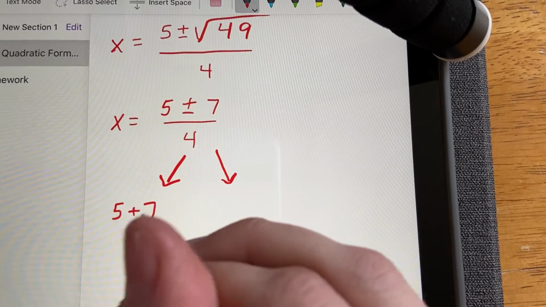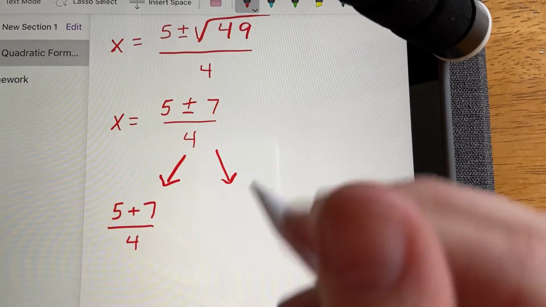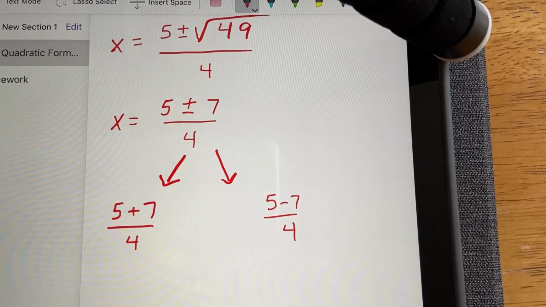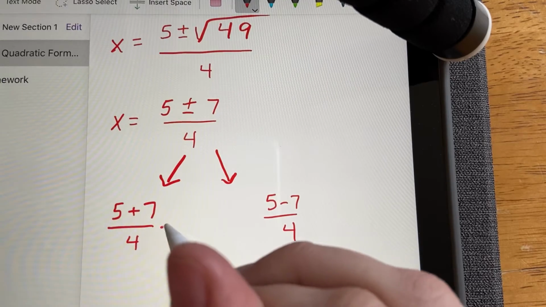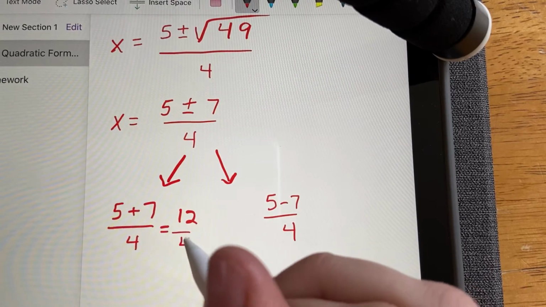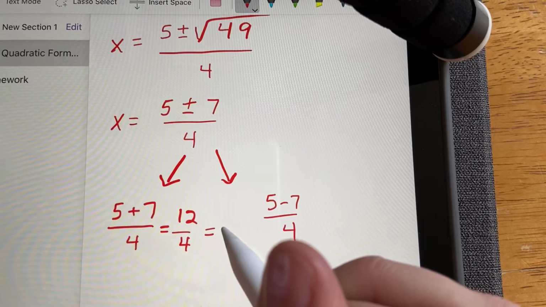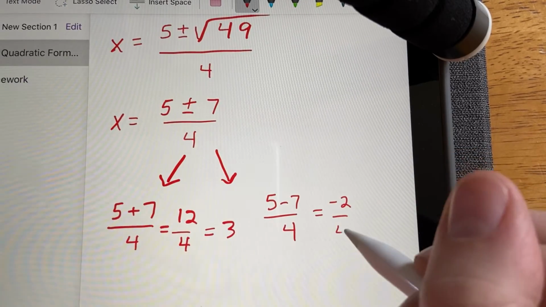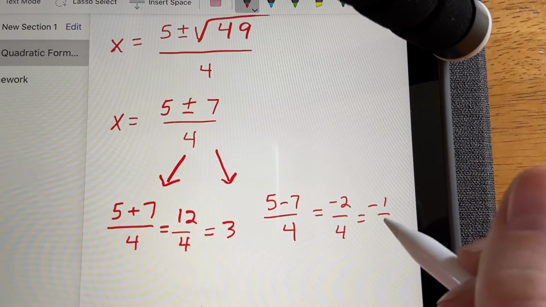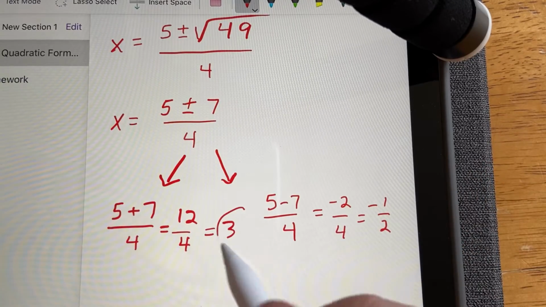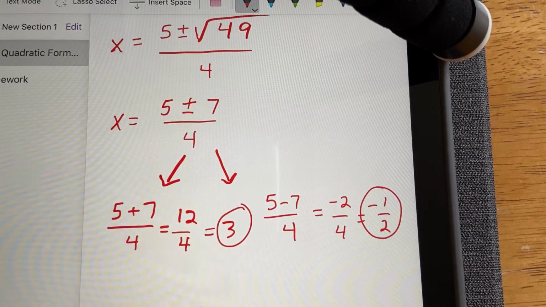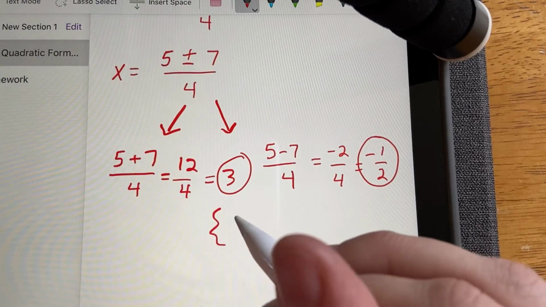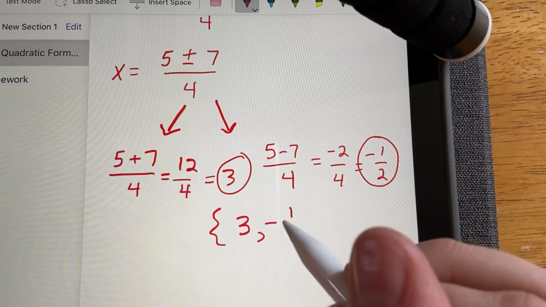So I can put 5 plus 7 over 4 and then 5 minus 7 over 4. Now I've got 2 different problems to work out. This would be 12 over 4, which is 3, and then negative 2 over 4, which reduces to negative 1 over 2. So those are my 2 answers. Remember, a quadratic should always have 2 answers. So the solution is 3 and negative 1/2.